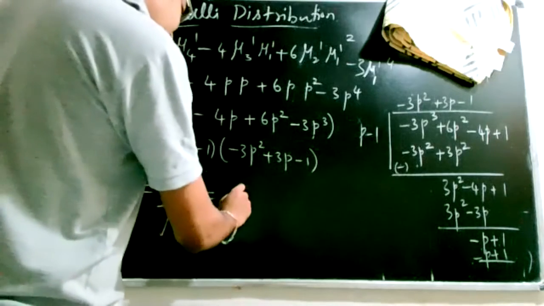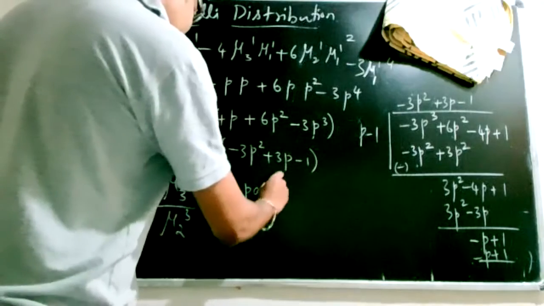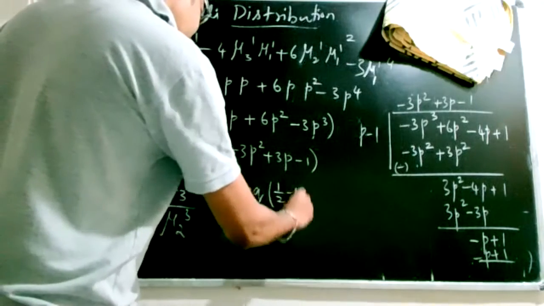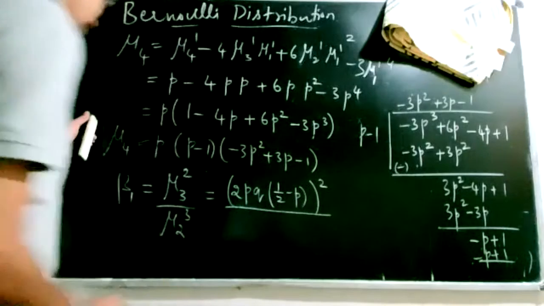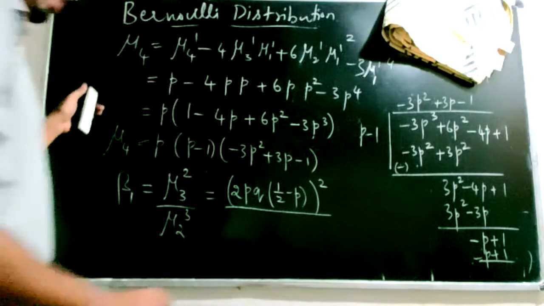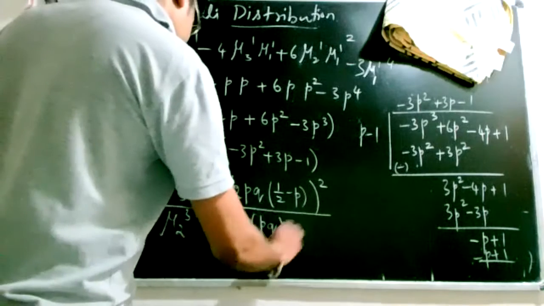We had 2pq into half minus p, whole square, divided by mu 2 square. Mu 2 is pq, so pq square.